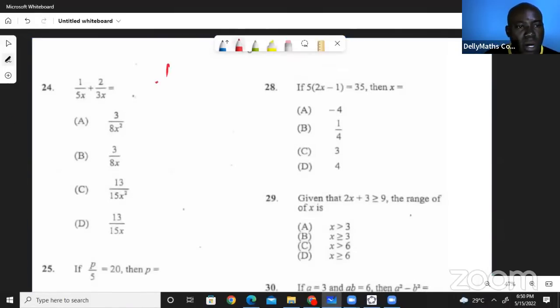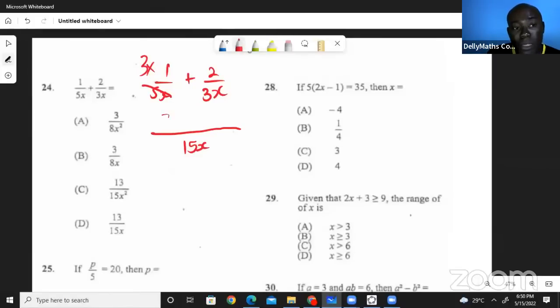We have 1 over 5x plus 2 over 3x. When we have this, our LCM is 15x. It is not 15x squared, it's just 15x. 5x into 15x goes 3 times, and 3 times 1 is 3.